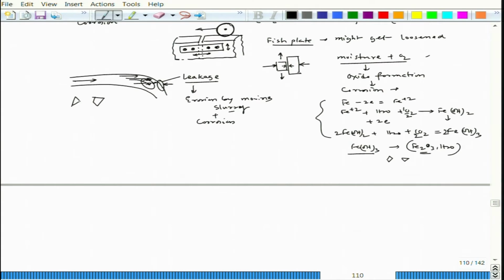Let us say this edge hits a metal surface, and since there is a direction change of the fluid, that might lead to a kind of shearing action here. Now, this is giving a normal force, and at the same time there is a shearing action. Around this local point there could be micro machining.